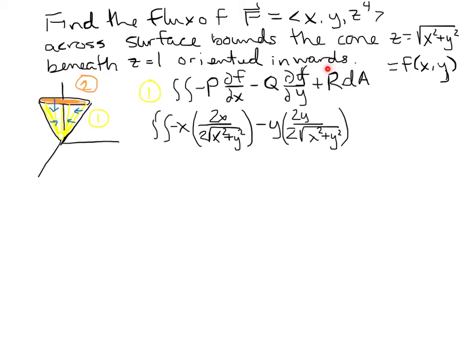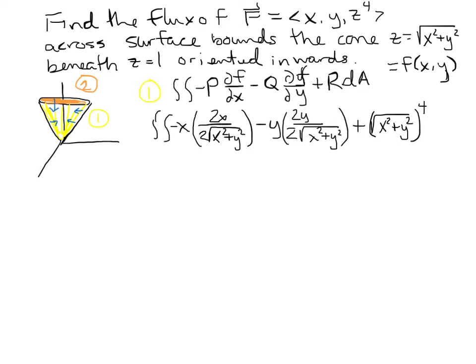Now we add R to it, and R is going to come from the z component of the vector field. In this case, that is z to the 4th, and we know that z is the square root of x squared plus y squared, to the 4th. Notice that everything I've done was just with that cone. Haven't done anything with the z equals 1 yet.